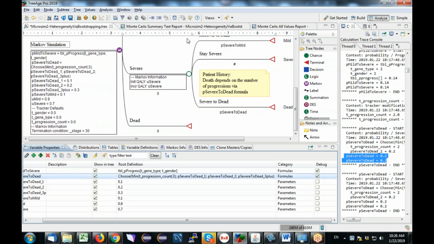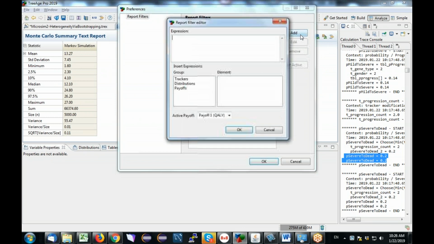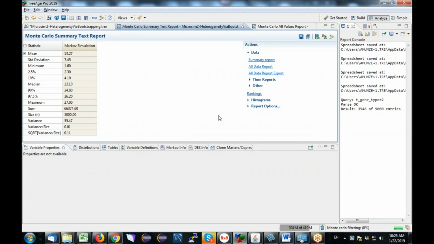I do want to show you one more thing here on filtering. I could, for example, take this average of 13.27 and say, I really only want to see the values for gene type 2. So I could say, I want to filter this heterogeneous cohort and only show me the data for gene type 2, and you see the mean has changed a little bit.